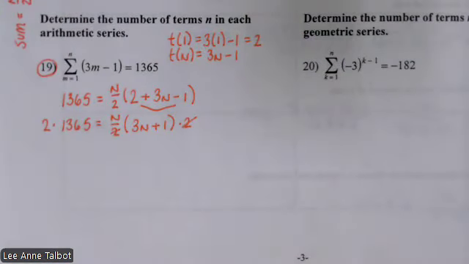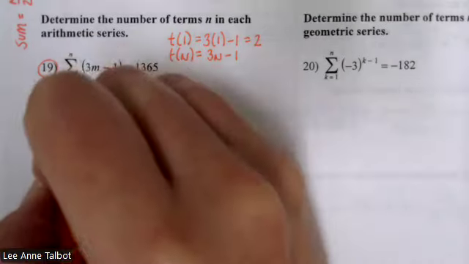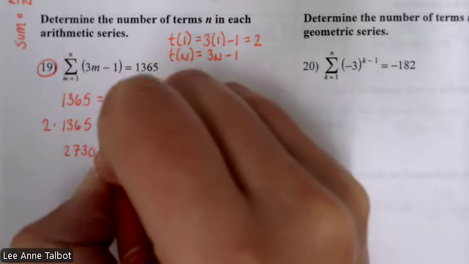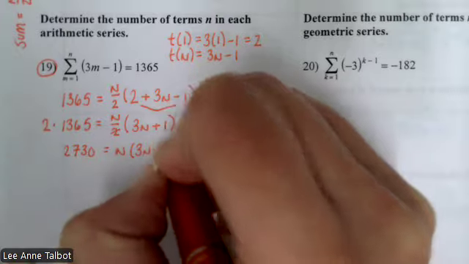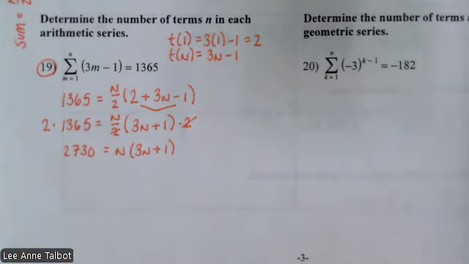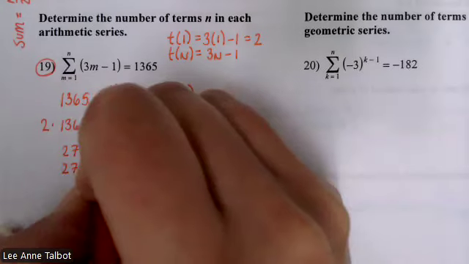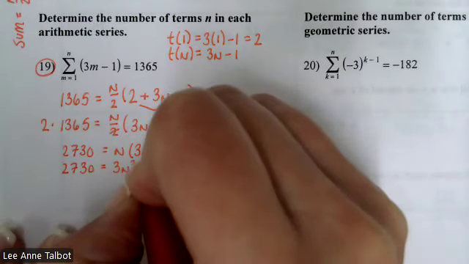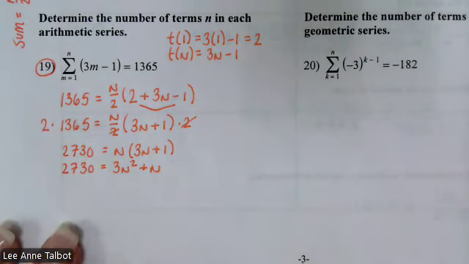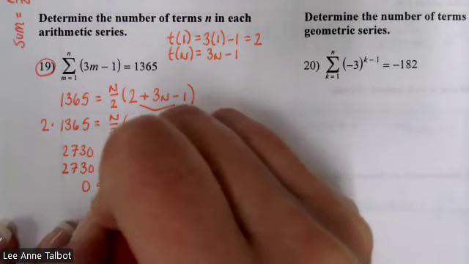Times 2 on both sides. Distribute. Get it equal to 0.